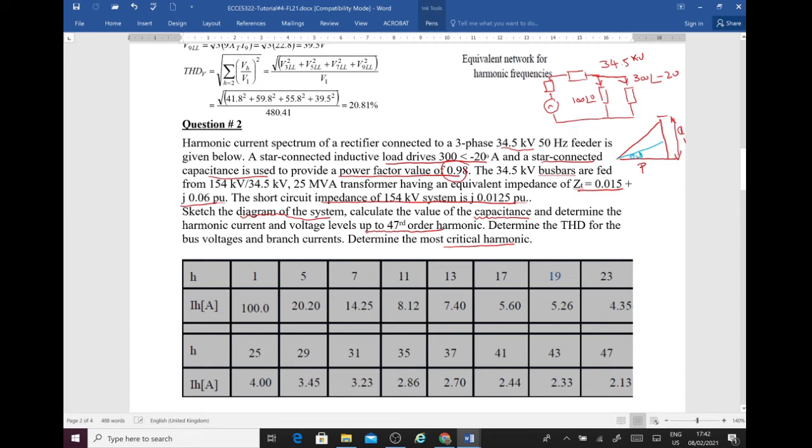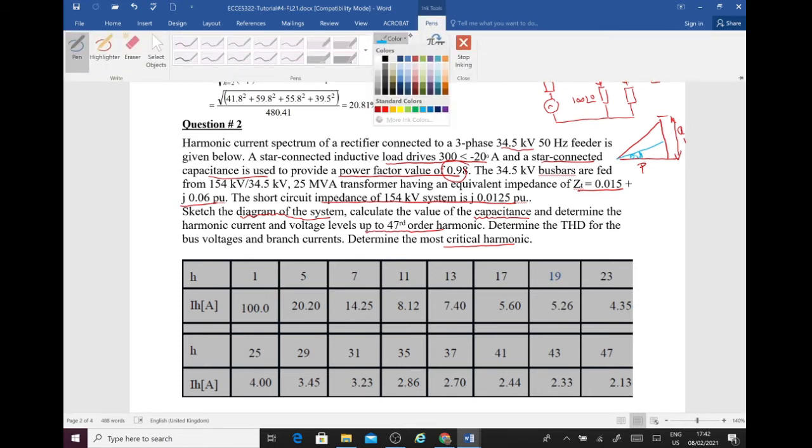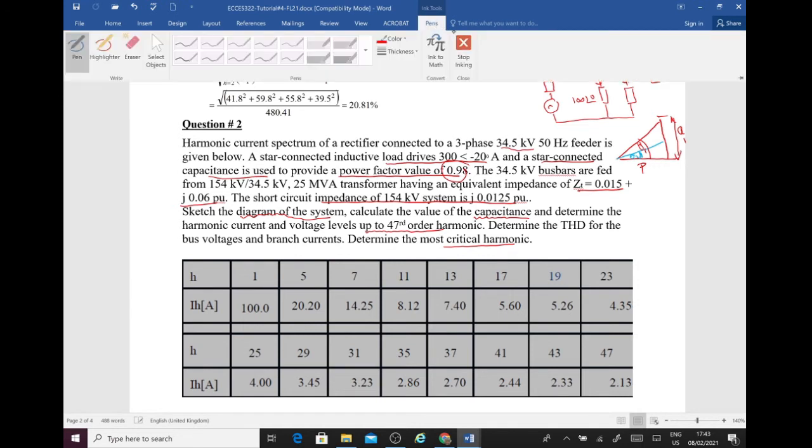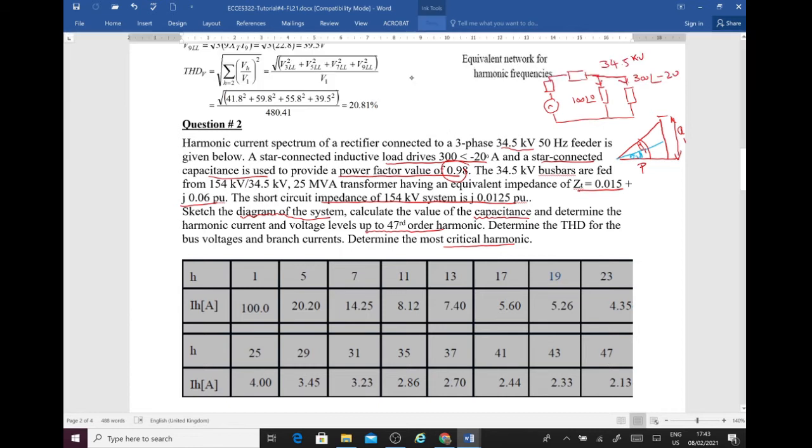Of course, that one will be theta 1, the original angle. Now we are saying that the capacitor bank will provide this much of Q, and now our new Q will be this one.